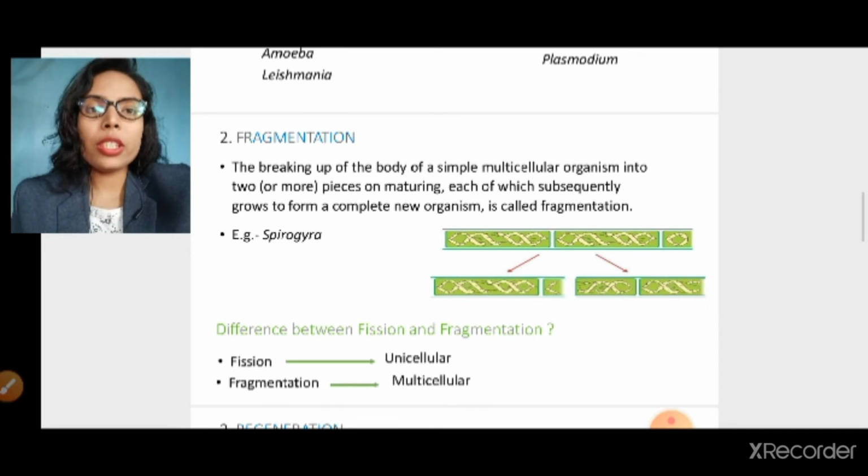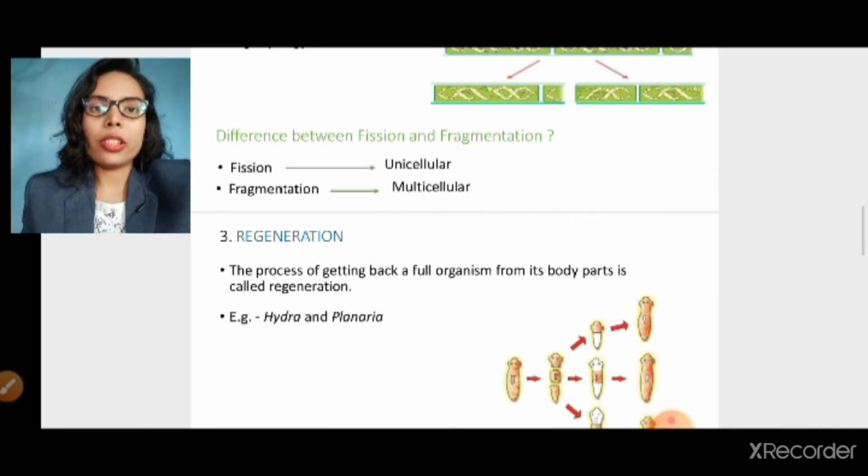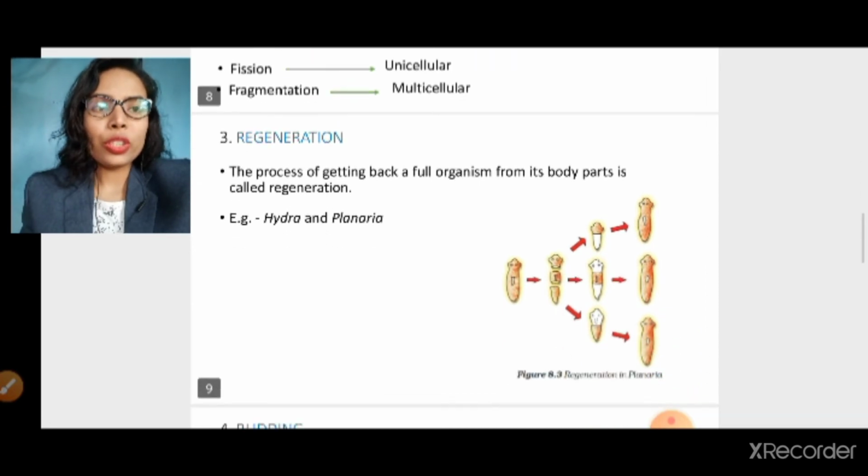Fission is done in unicellular organisms and fragmentation is done in multicellular organisms. Third is regeneration, the process of getting back a full organism from its body part. The examples are Hydra and Planaria. You see in the diagram, Planaria is divided into three parts and each part generates a new Planaria as an offspring.